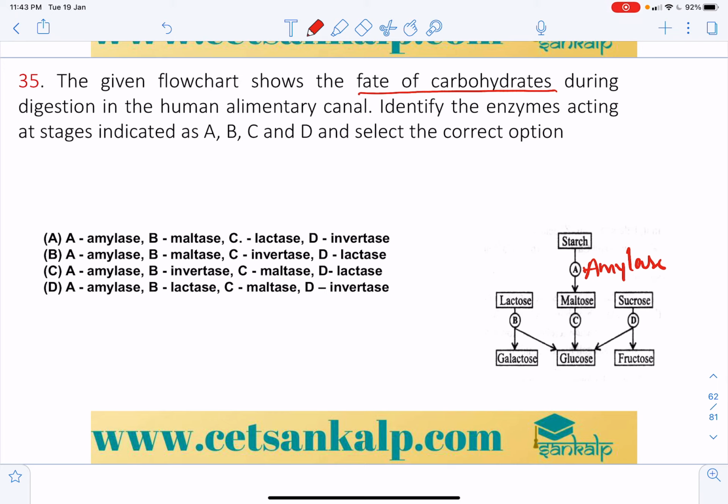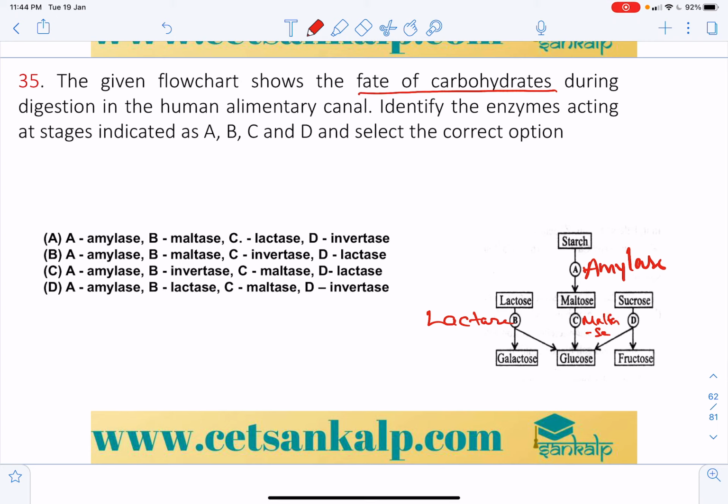The remaining ones are lactose, the milk sugar, and sucrose, the cane sugar. Lactose is acted on by lactase, so B is lactase, and C is maltase.